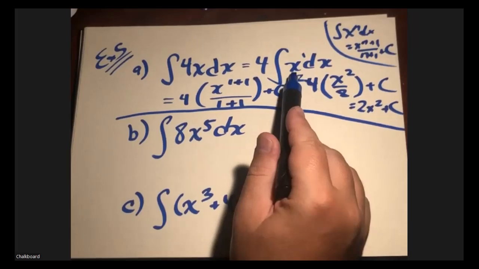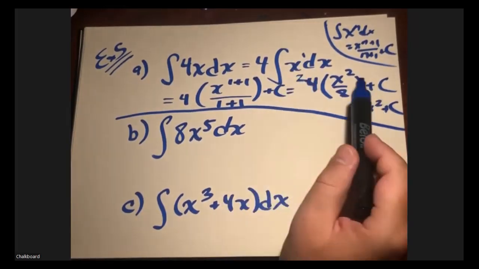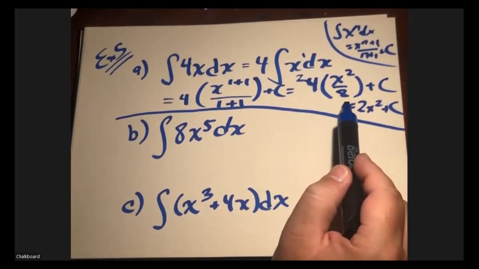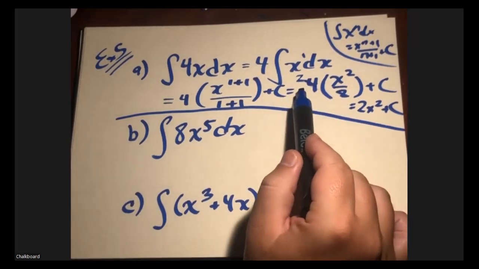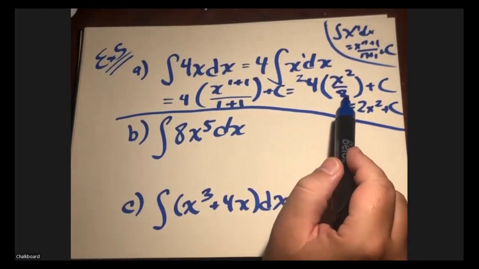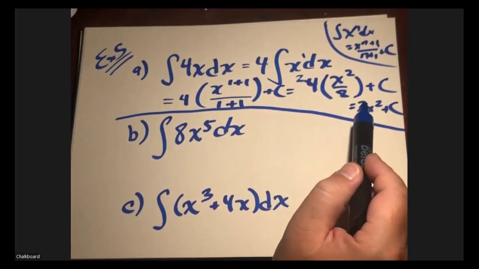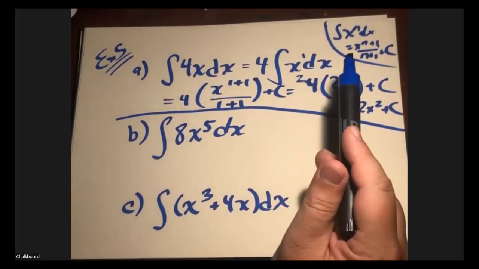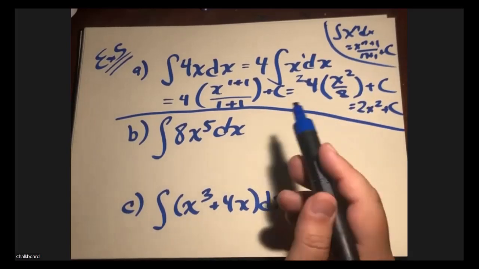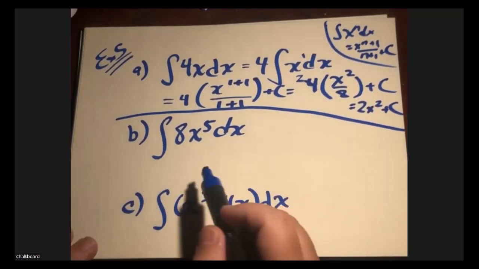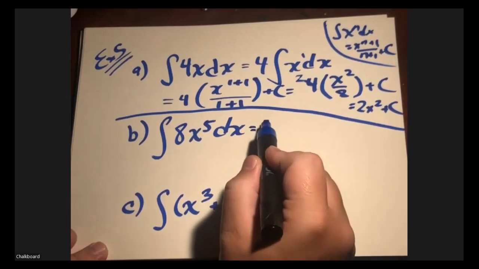So the integral now becomes x to the 2 over 2. That's what I have written here in the parentheses. So don't forget the 4 is there. If I think about 4 times that quantity, I guess they cancel out like fractions, 4 and 2. And now you just have 2x squared left plus c. That's what we want for example A. In example B, it's a similar case. We're going to pull the 8 out first.